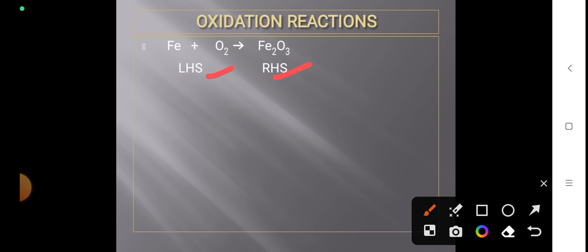When you look at oxygen, there's 2 atoms on left hand side and 3 atoms on right. So if I multiply right hand side by 2 and left hand side by 3, it's going to be 3O2 and 2 Fe2O3. But iron is 4, so I write a 4 on left hand side. So now it's 4 Fe plus 3O2 giving rise to 2 Fe2O3.